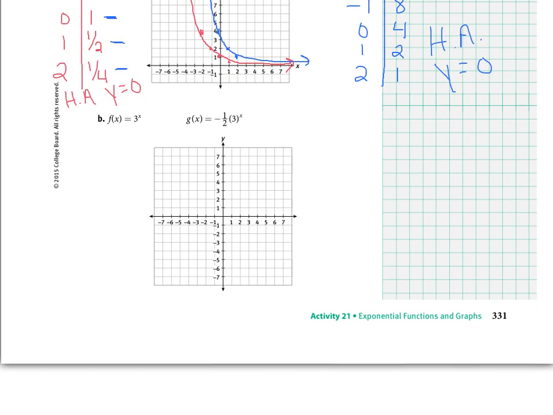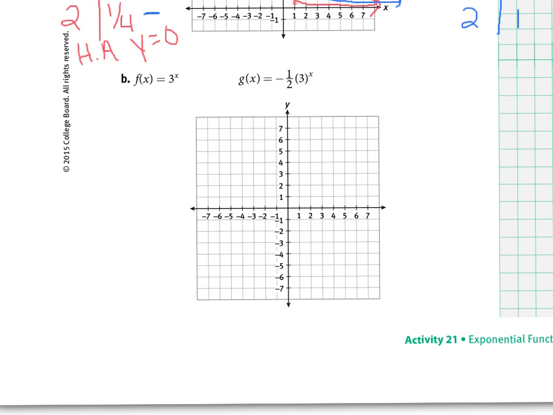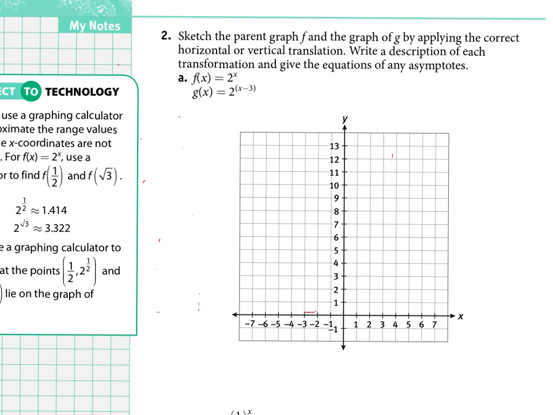Let's look at this next one. Again, we have our parent function here. That's the basic version, 2 to the x. So let's make a table. 2 to the x.